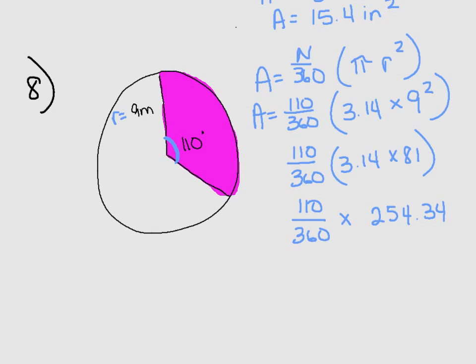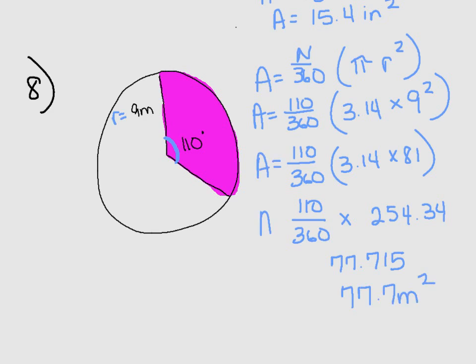Leave it just like that in your calculator, and then multiply times 254.34. You should have 77.715. We're going to round it to the nearest tenths, 77.7, and we're in meters squared.